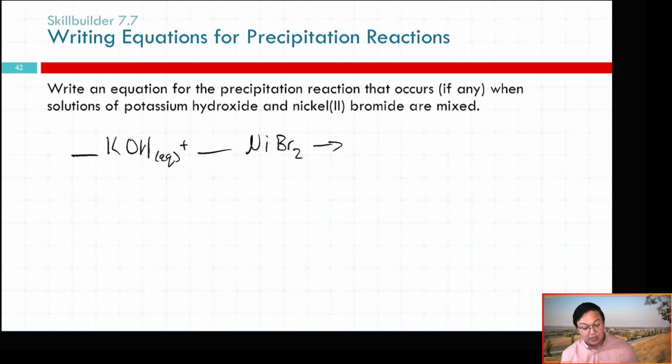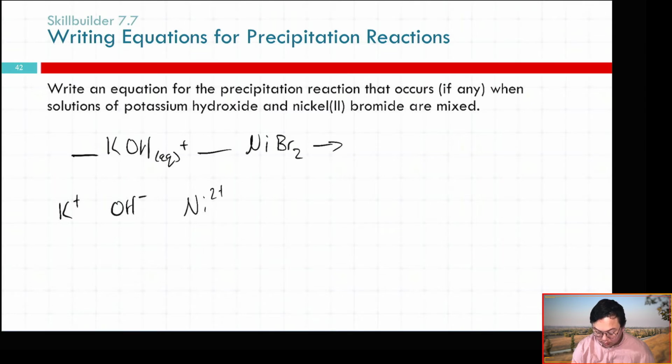Now we have to predict what our products are going to be. So we'll write down all of our ions. We drop these into solution and they split up. Potassium, hydroxide. We're going to get nickel 2 plus, and then Br minus.